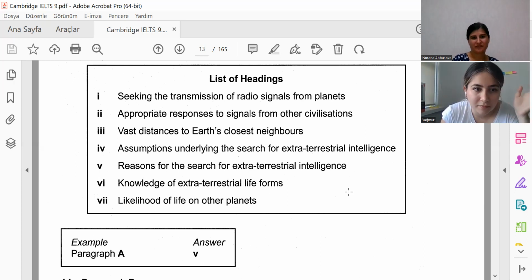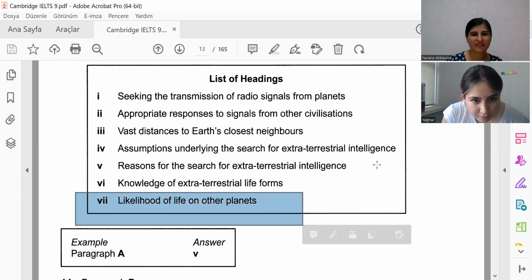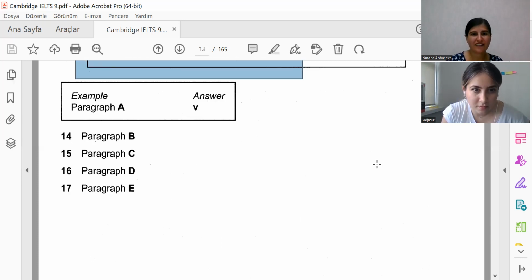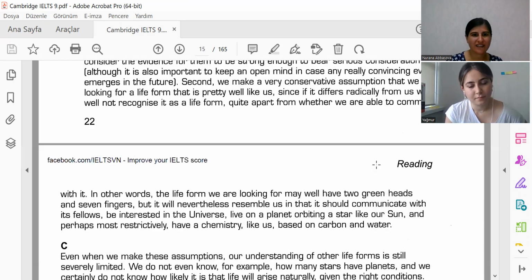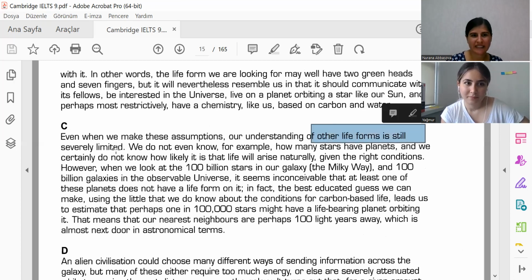We just eliminated 4 and 5. So it's maybe 6 or 7, but I think it's 7. Can you read it, please? Likelihood of life on other planets. Yes, because it says, in paragraph C, other life forms is still severely limited.